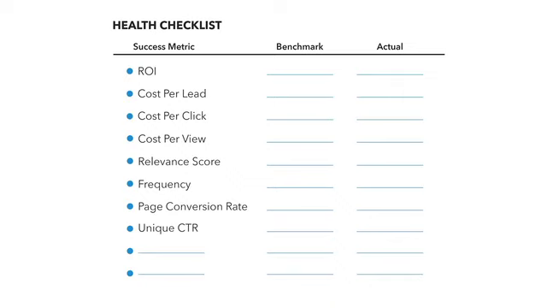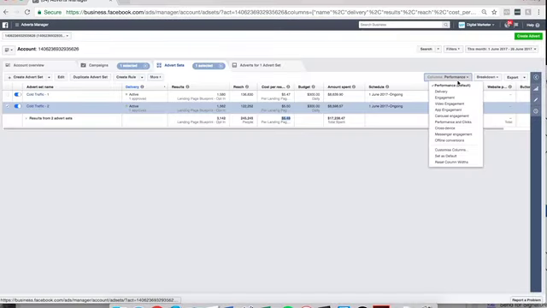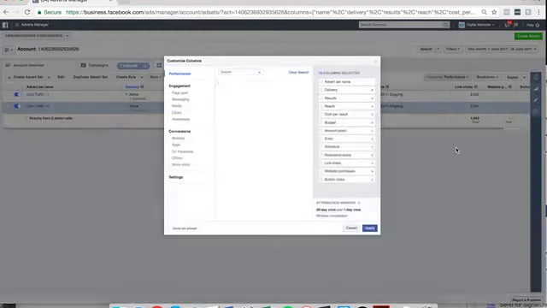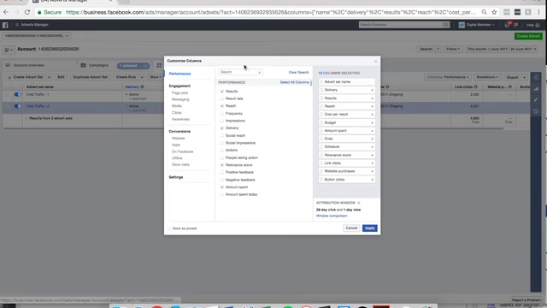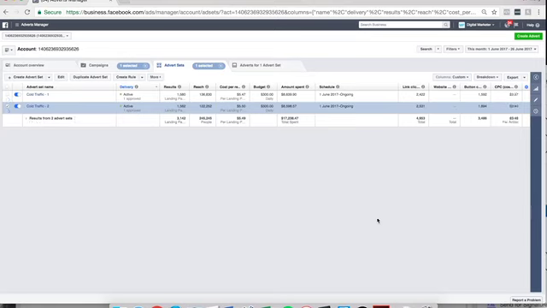So cost per click, you can find it if that's a success metric for you. If you go to columns and then customize columns, there's a ton of information here, guys, that you can pull. So for cost per click, we have typed click, CPC, cost per link click.